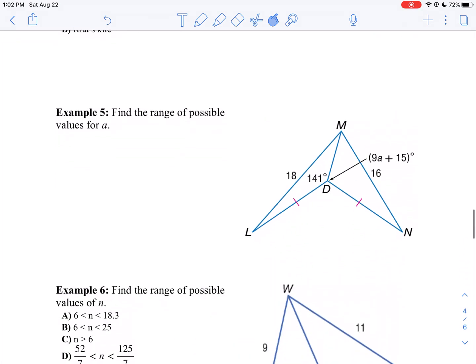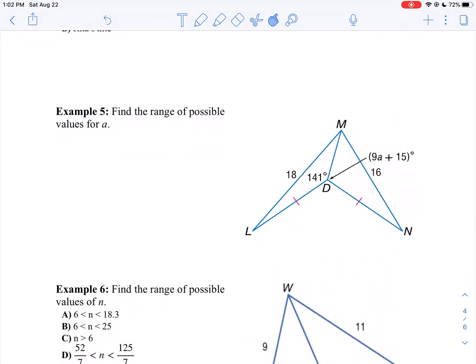Now in example 5, we want to find the range of possibilities for a variable. Once again, do we have the hinge theorem? Well, we know LD is the same as DN. We know MD is reflexive, so we've got two sides. We're using the converse here because we know LM is 18 and MN is 16.